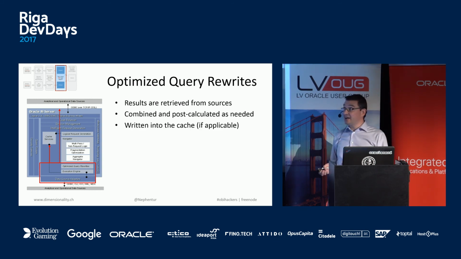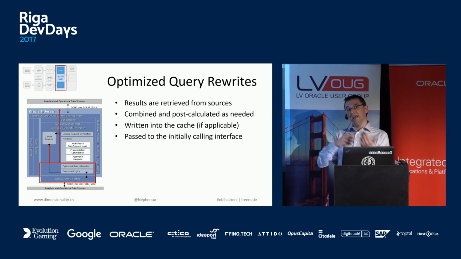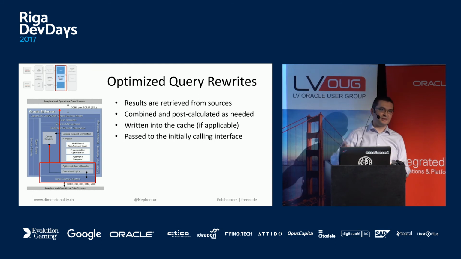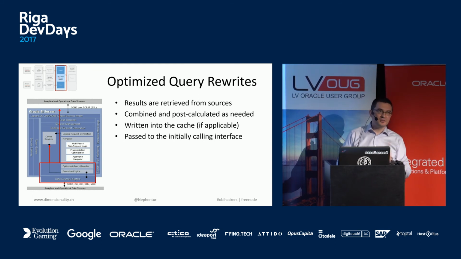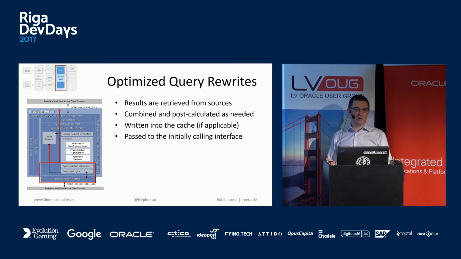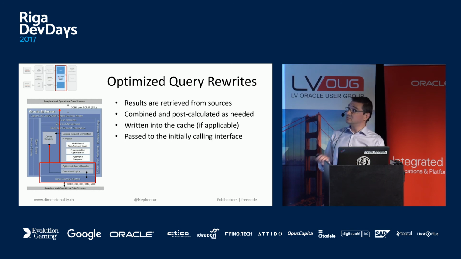It's written into cache, if we're using cache, and then it's passed back to the calling interface, meaning it goes back to the presentation server, and from there it goes to either Smart View, front-end, browser, web service, whatever. And with that, we're actually done.